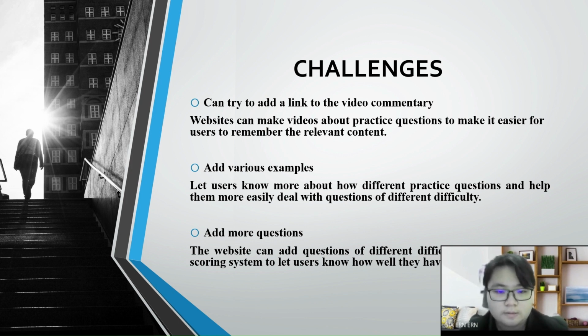This can let users know more about how different practice questions work and help them more easily deal with questions of different difficulty. The website can also build more versions of different difficulty and introduce a scoring system to let users know how well they have mastered the topic.